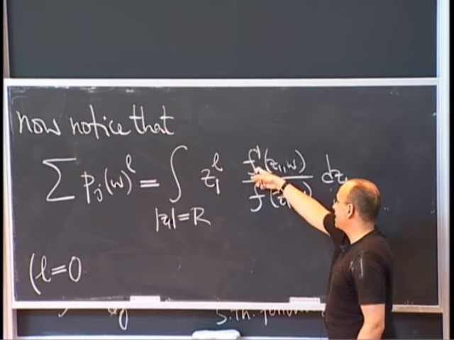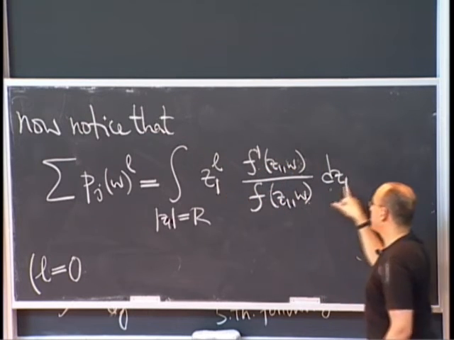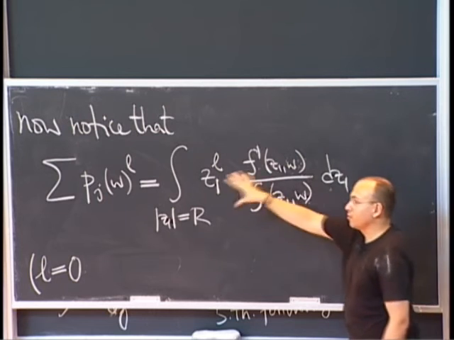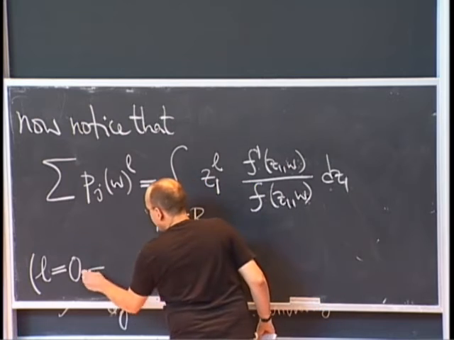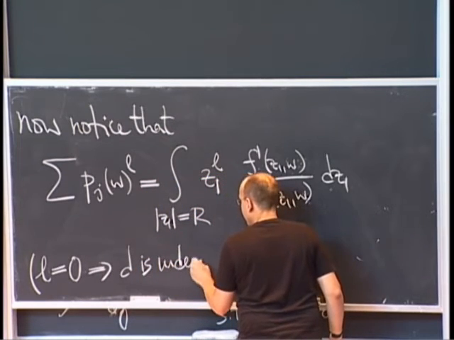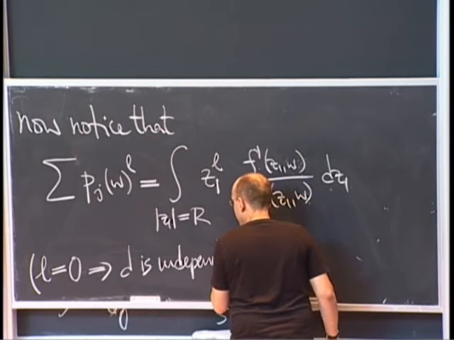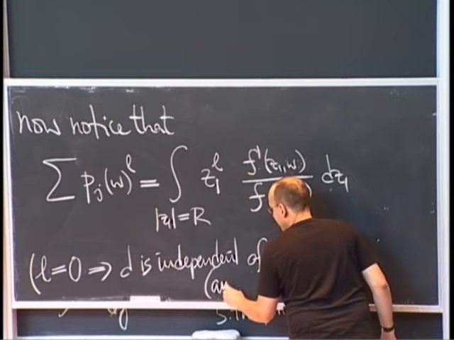And the same argument, because F is holomorphic in W, we have this expression which is holomorphic in W. You're integrating with respect to a parameter, so the whole thing actually varies holomorphically with W. So independent of W and finite.